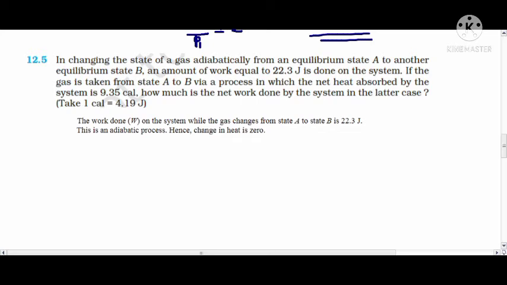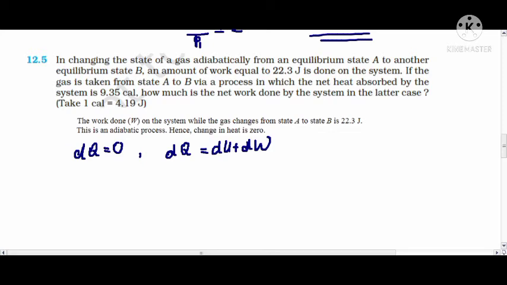In the second case, we don't know what is the nature of the process, but in the first case, it is an adiabatic process, and in an adiabatic process, we know the amount of heat absorbed dQ is equal to 0. And use the first law of thermodynamics. You have dQ is equal to dU plus dW, and dQ is equal to 0.